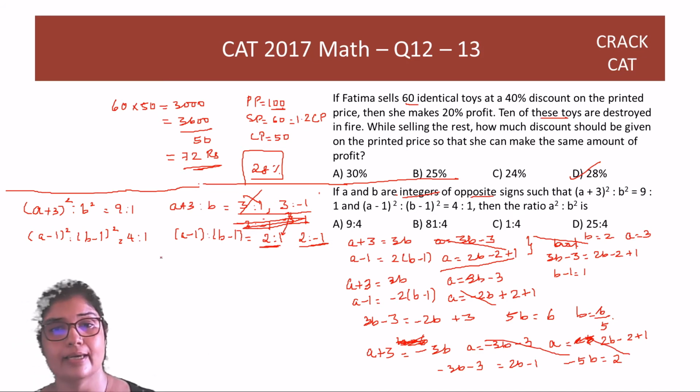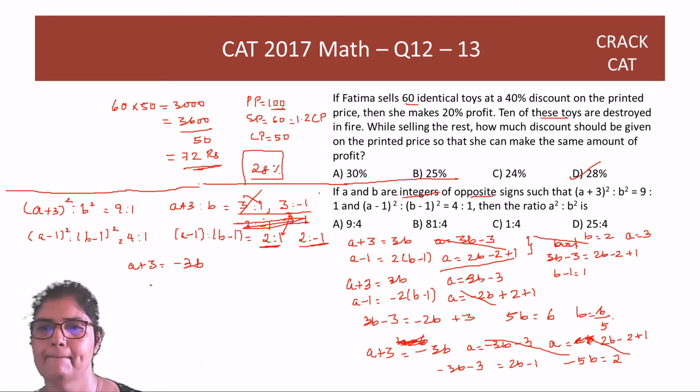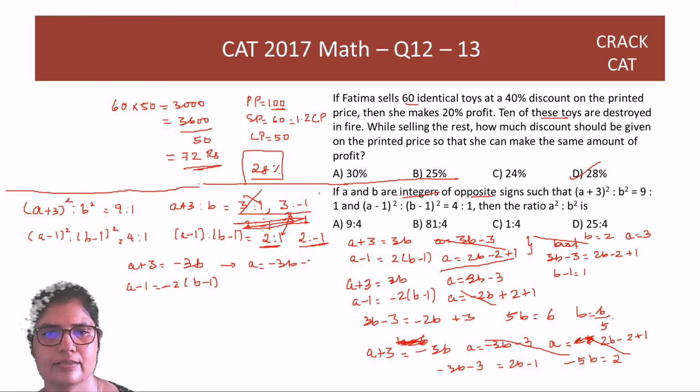Now last case, let's hope this works. You will get A plus 3 is equal to minus 3B. And then in the second one, you will get A minus 1 is equal to minus 2 times B minus 1. So यहाँ से you get A is equal to minus 3B minus 3.